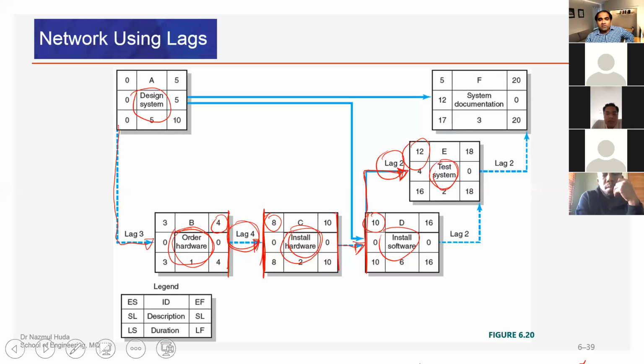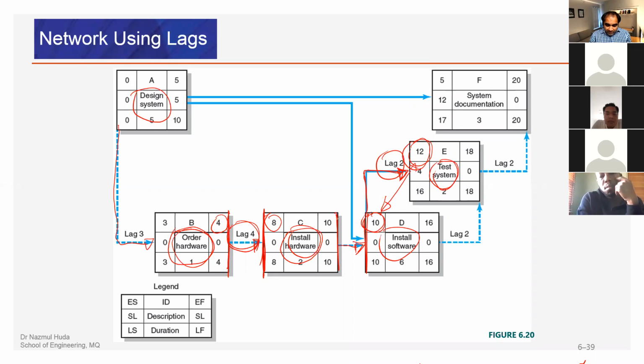We can see from here that in a project chain, it can be related to the early start time of all the relevant activities. Now, depending on the type of lagging, whether it is from finish to finish or from start to finish, we know that this can be related to the early start time.